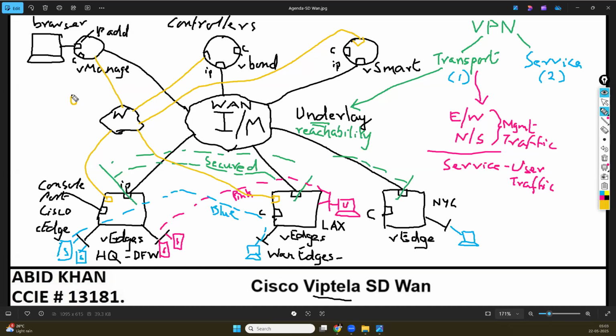So this is only management. Only management traffic will be there, whether east-west or north-south. These SD-WAN components, the 3 controllers and the WAN edges, their management traffic, like when I'm adding some interfaces, the total management of these devices, I want that traffic to be sent totally separately.